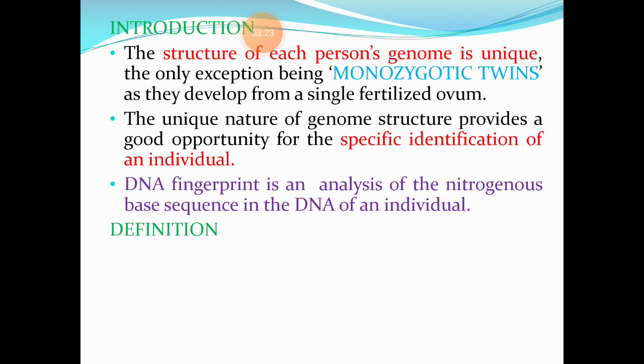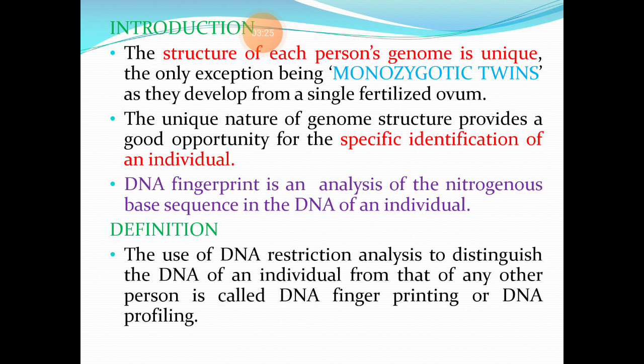With this introduction, we shall study the definition. The use of restriction analysis to distinguish the DNA of an individual from that of any other person is called DNA fingerprinting or DNA profiling. Restriction analysis is subjecting the DNA to the digestion of restriction endonucleases, and then analyzing the fragments.